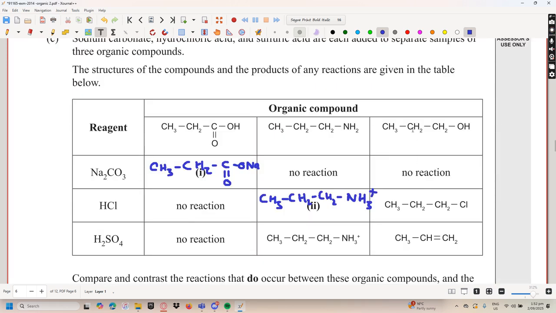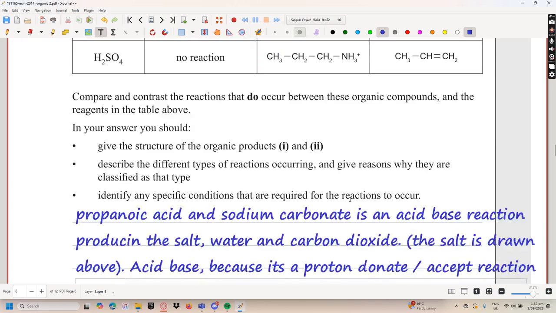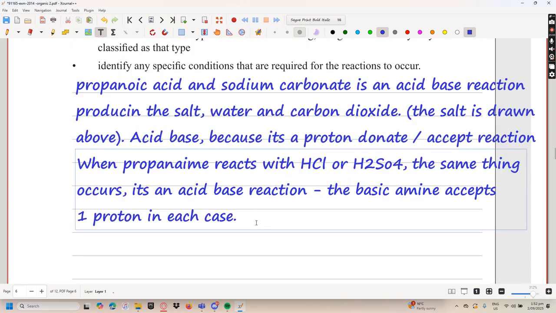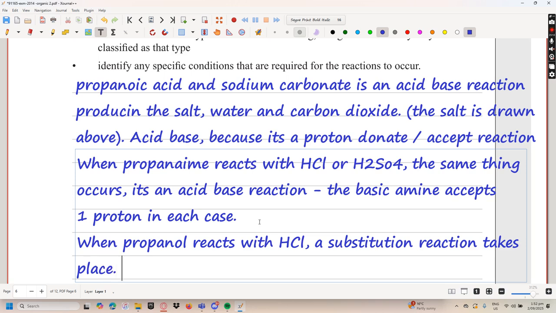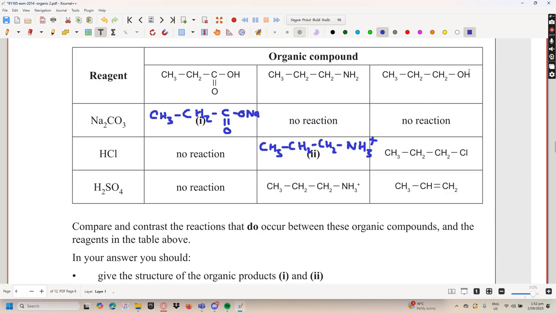What do we got here? When propanol reacts with HCl, a substitution reaction takes place. So what's going on there? Well, this OH group is being swapped with the Cl group, essentially.